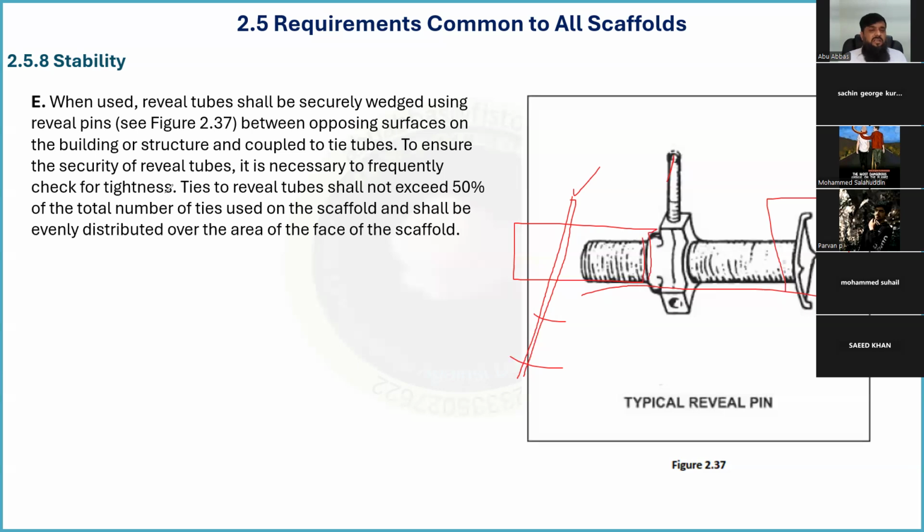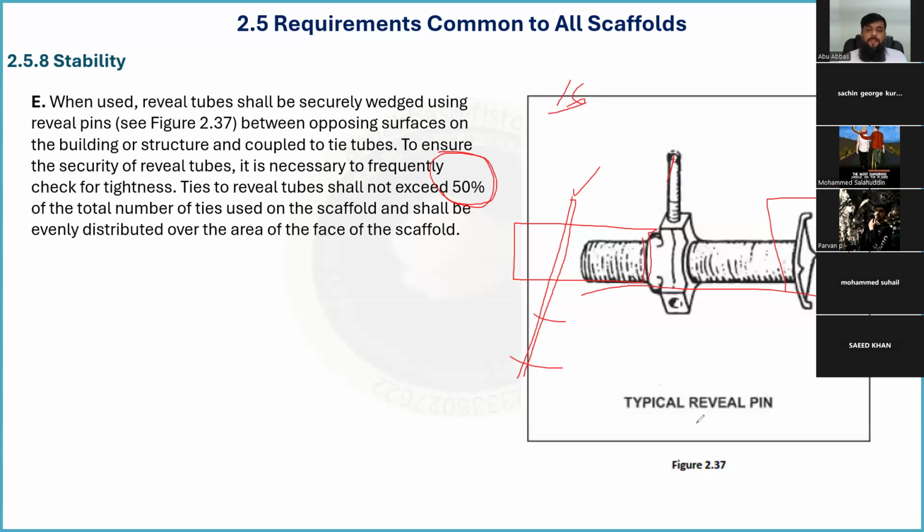Ties to revel tube shall not exceed 50% of the total number of ties used on the scaffold and shall be evenly distributed over the area of the face of the scaffold. तो दो चीजें हमारे पास आ गई जी। रेवल टाई shall not exceed 50% of the total number of ties. Let us say we have 16 ties.